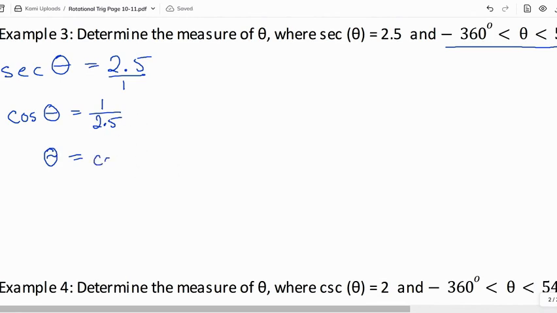It's for the sake of using the cos inverse. And let's leave our answer to the nearest degree again. Okay, I got 66. Anyone else?